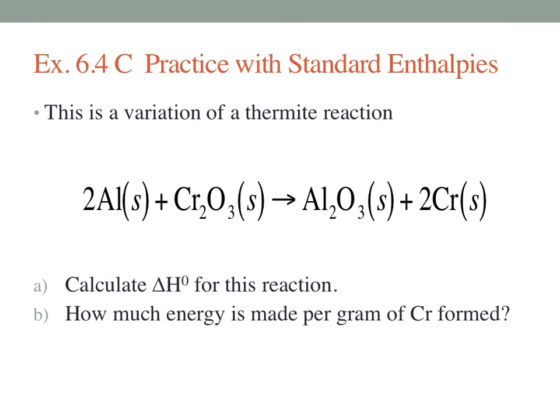Here's another one then. Calculate the heat for this reaction. So we get our aluminum and our chromium are in standard state. The chromium 3 oxide is negative 1128 kilojoules. And the aluminum oxide is negative 1676.